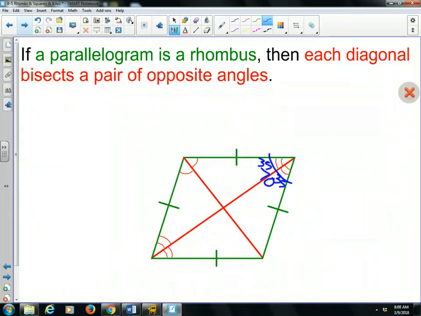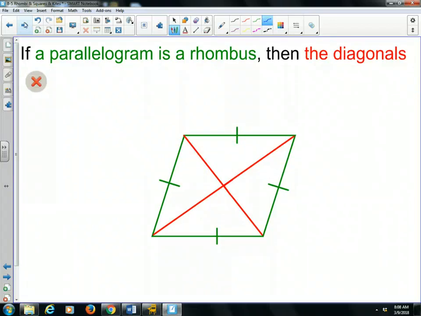Same thing here with the other diagonal. If this is 130 degrees, then it would cut the angle in half. Each one would be 65 degrees. So the longer and shorter diagonals are both angle bisectors.